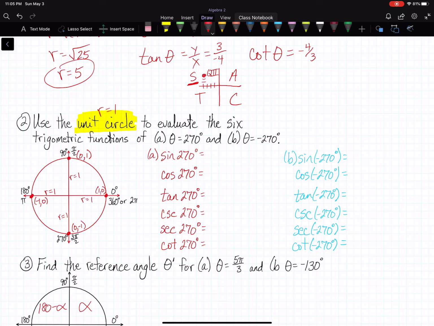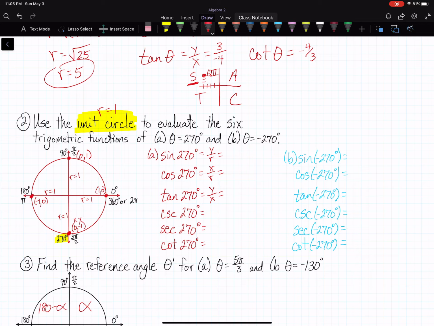So when you go to find the sine, cosine, tangent, cosecant, secant, and cotangent of 270, you go to 270 degrees. It's right here. And so we use the point 0, -1. There's x, there's y, and there's r.